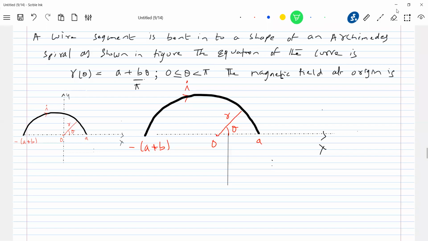This current element here, you assume a current element. This one.